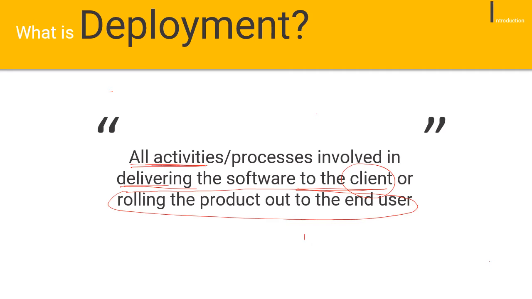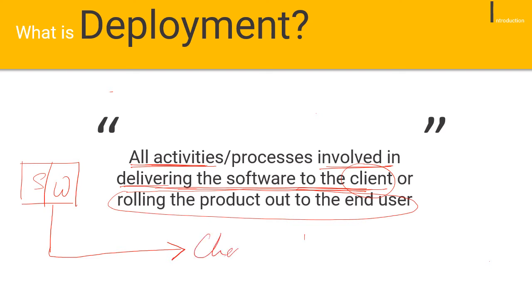There are many activities, and we'll talk about each of them in detail. However, deployment includes all activities through which you take your completed software and get it to your client.